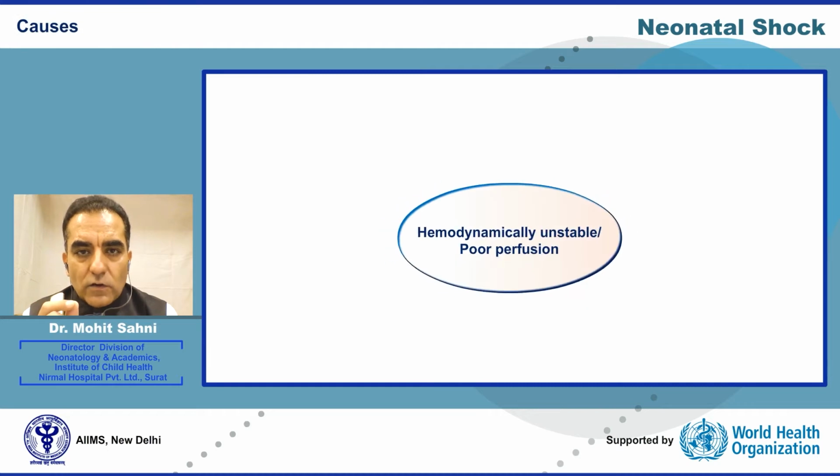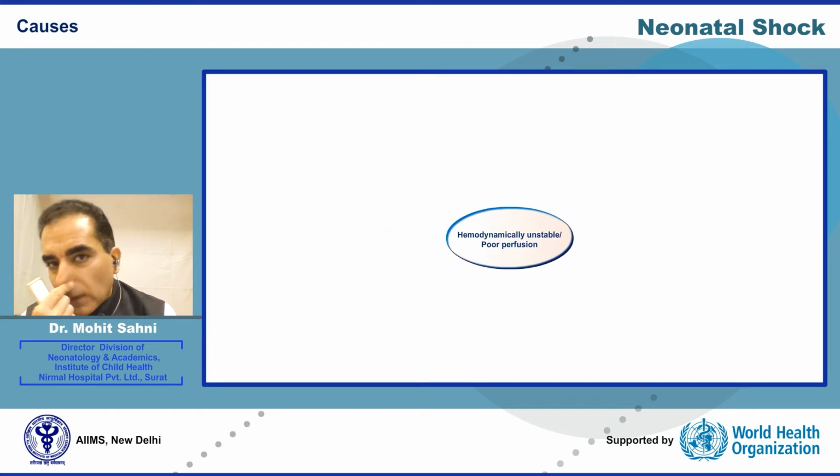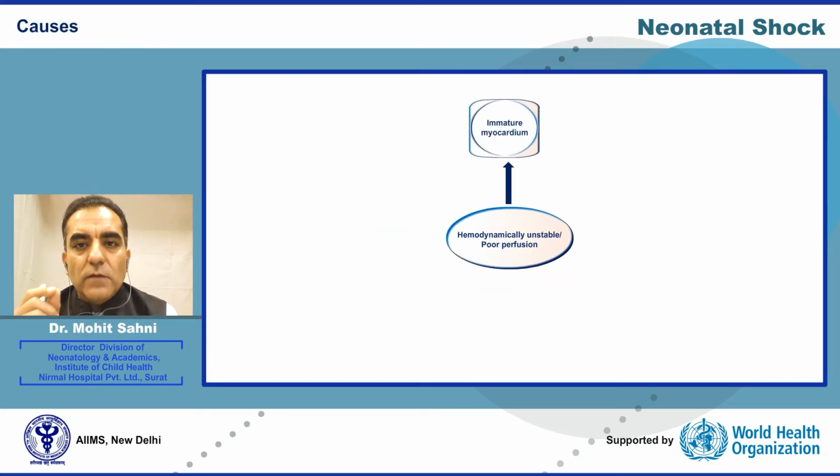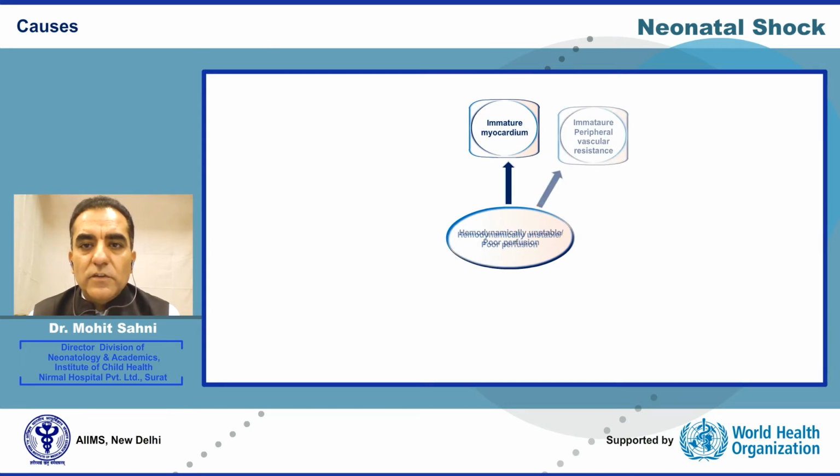If we talk about the causes, the first and foremost thing, especially in the preterm babies, is the immature myocardium. And the next thing is that the autoregulation of the vessels is not very well developed, so there is immature peripheral vascular resistance, and hence your vessels dilate and your preload becomes less. Even though the intravascular volume is less, because of dilatation the preload becomes less.